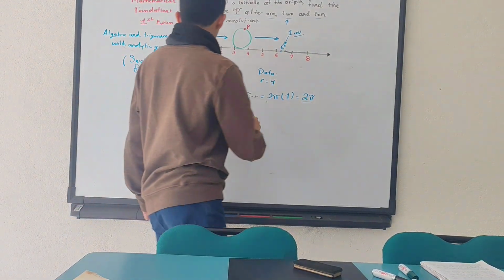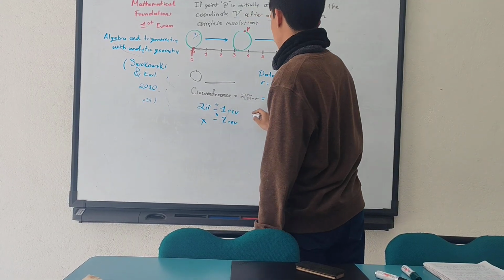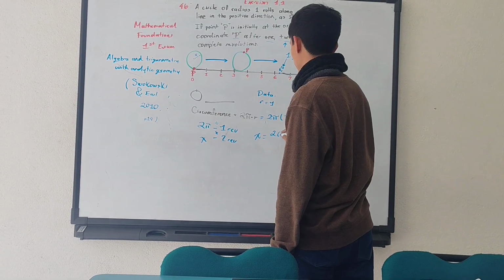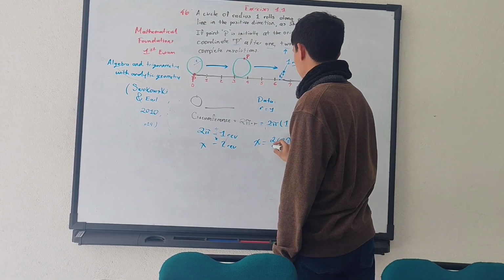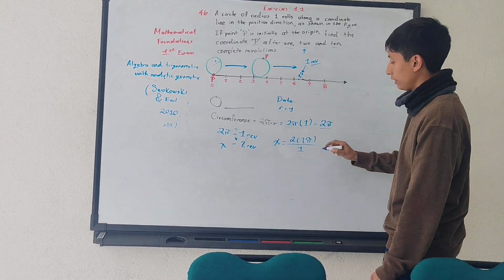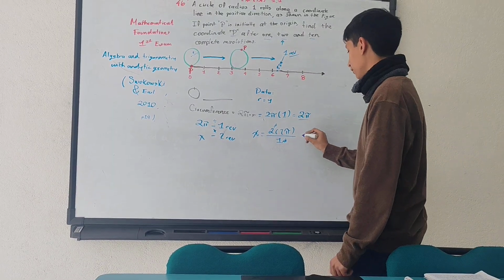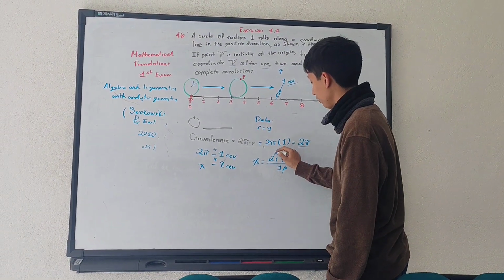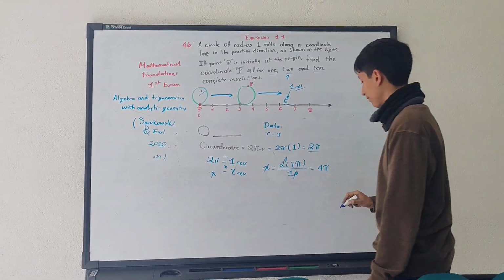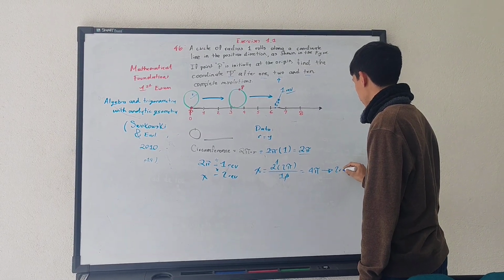So to find x, it will be equal to 2 times 2 pi divided by 1. The units are revolutions. So we are going to have 4 pi. This is going to be for 2 revolutions.